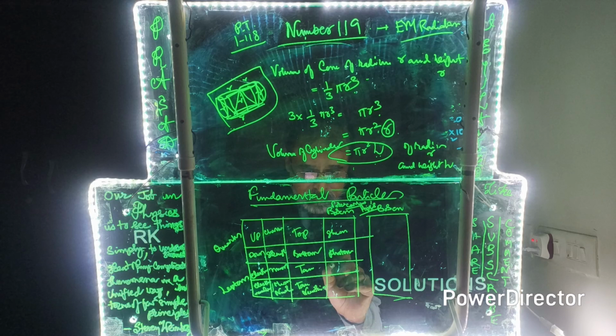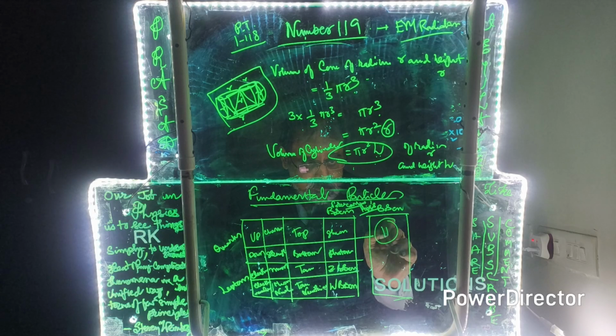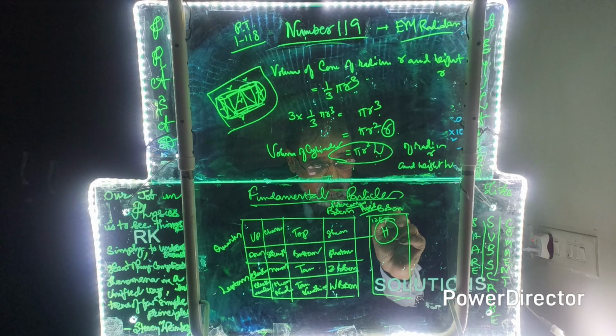This is the photon. This is a Z boson. This is the W boson. And this is, of course, the Higgs particle. This particle H has an energy of around 125 point something giga electron volts.